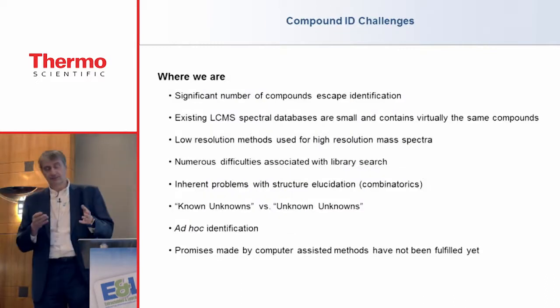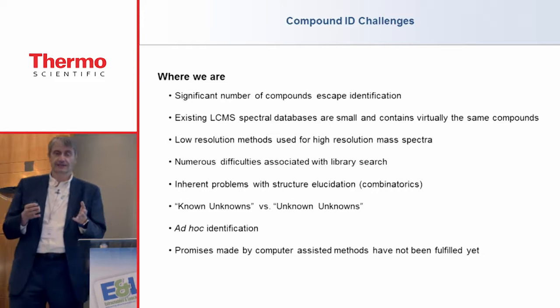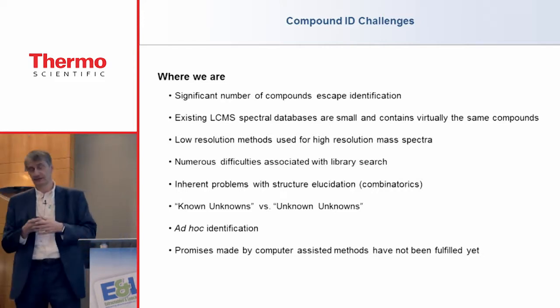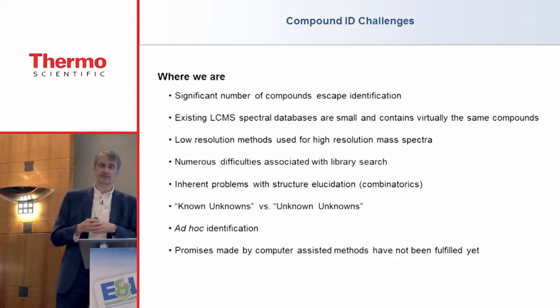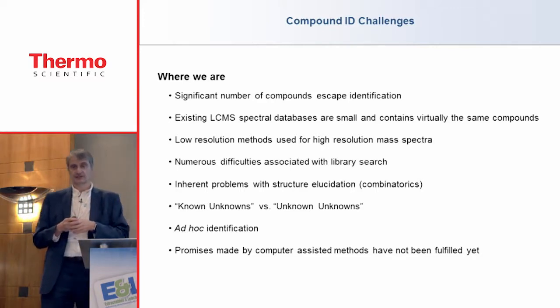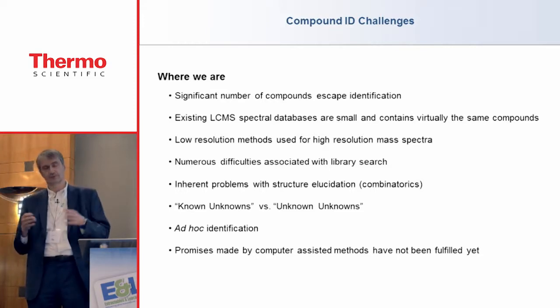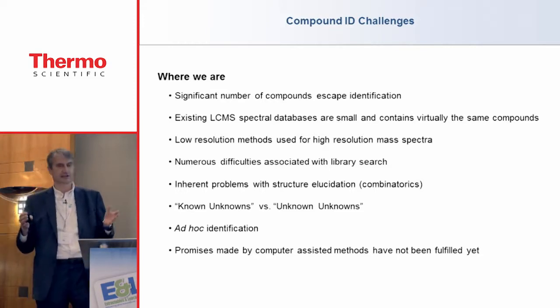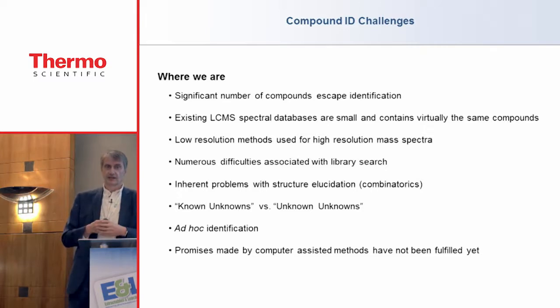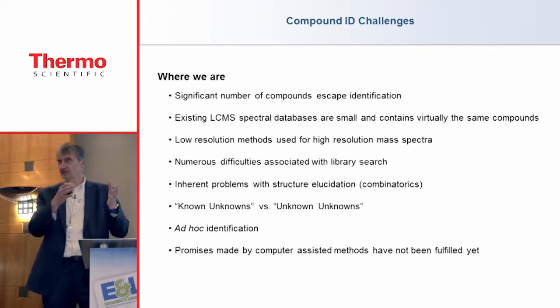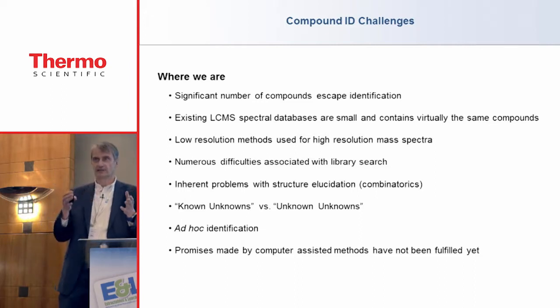Today, compound identification is a real bottleneck in the leachable and extractable area. However, this problem goes through various other scientific fields, whether it's metabolomics, environmental, and others. This is kind of a paradox, because we hear every day that there is a Mars rover analyzing the Mars soil.